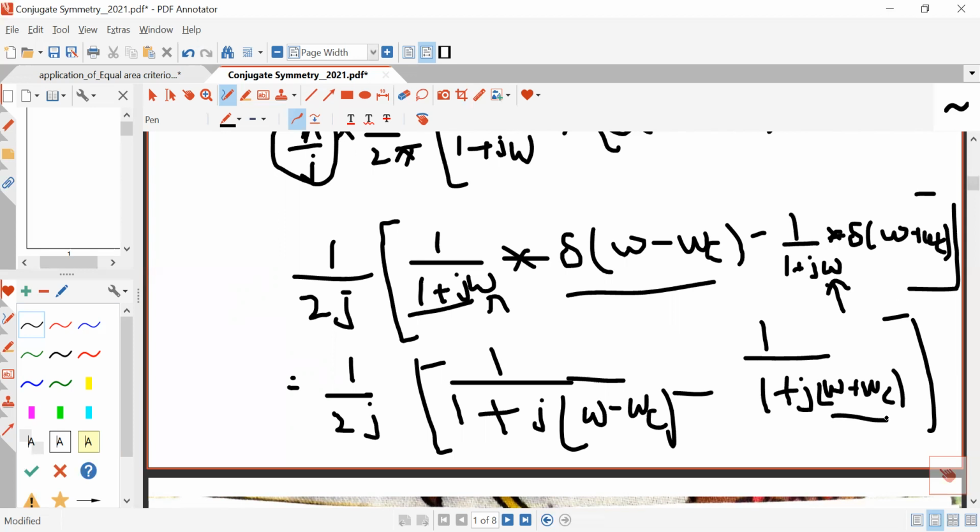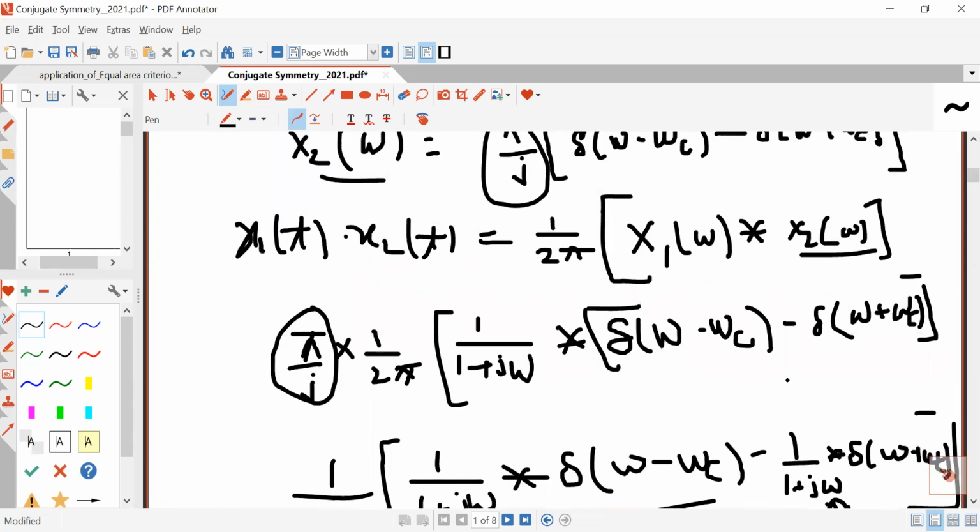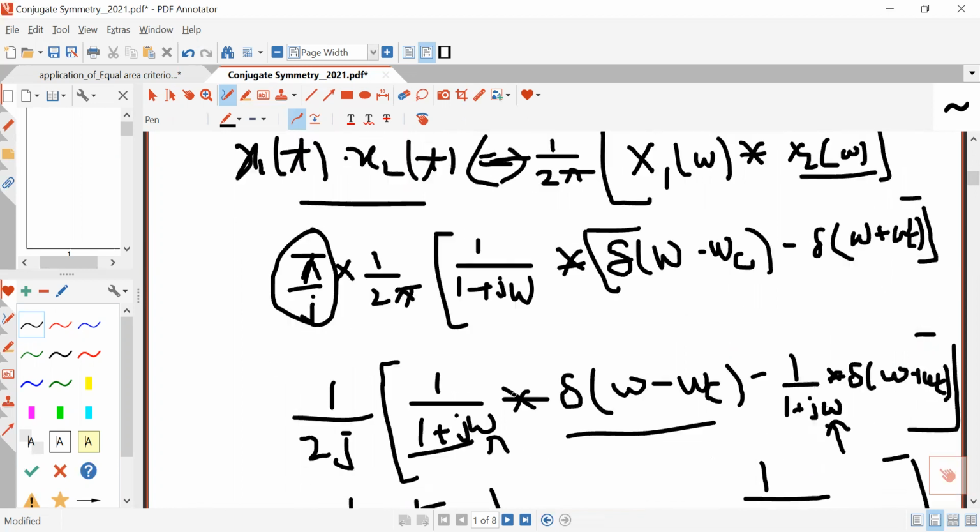And now you can solve this expression to find out the Fourier transform of x1(t) into x2(t).